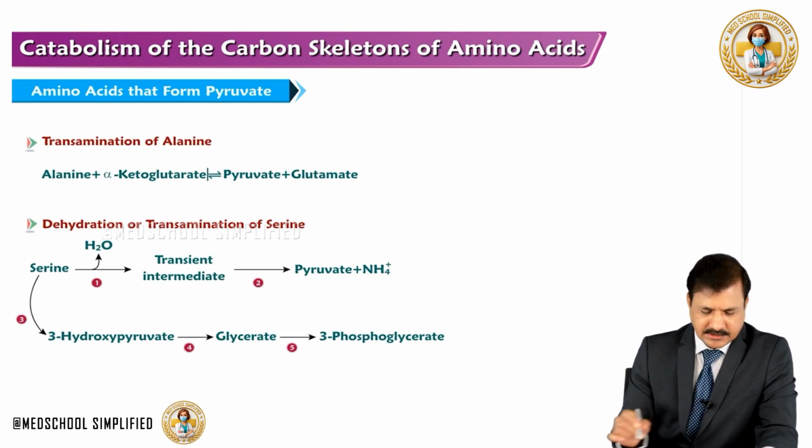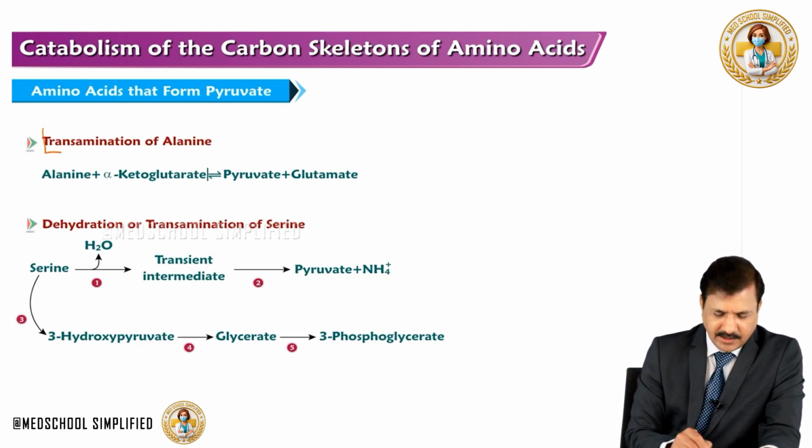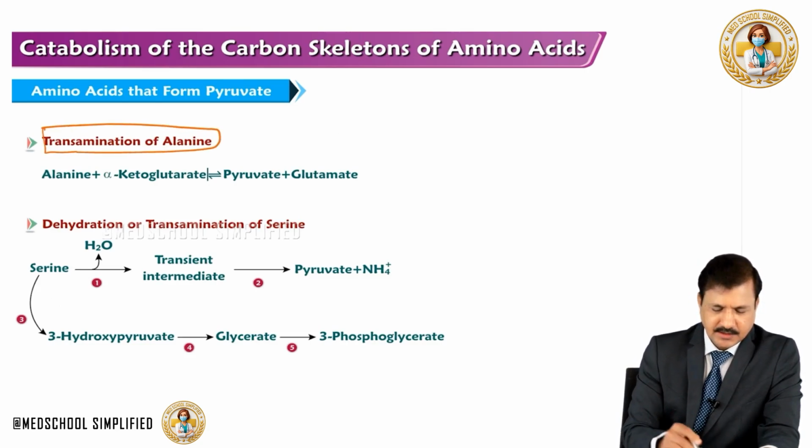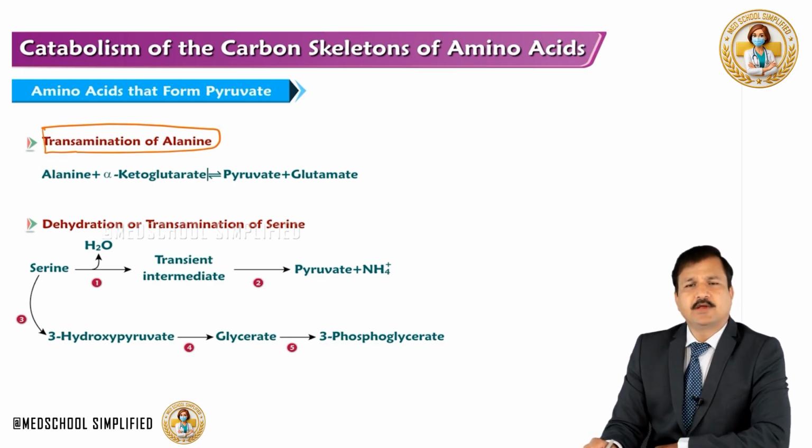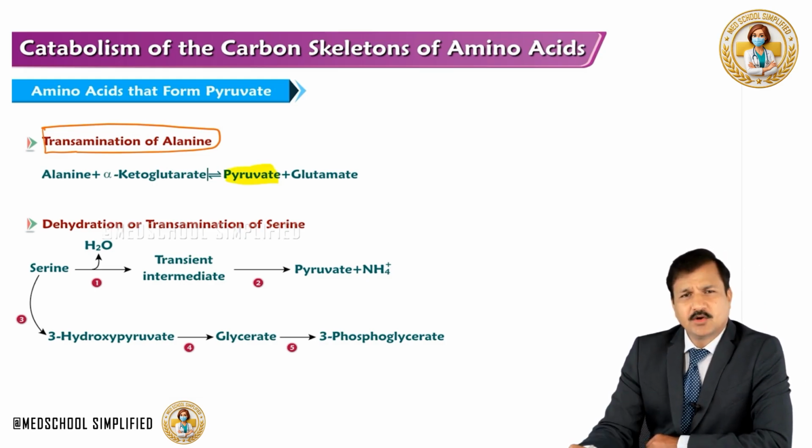Here is the transamination of alanine. Whenever alanine undergoes transamination, it will give pyruvate, because the amino group of alanine will be transferred to alpha-ketoglutarate in the transamination reaction, and the carbon skeleton of alanine will be released as pyruvate, while alpha-ketoglutarate will be converted to glutamate after receiving the amino group from alanine.